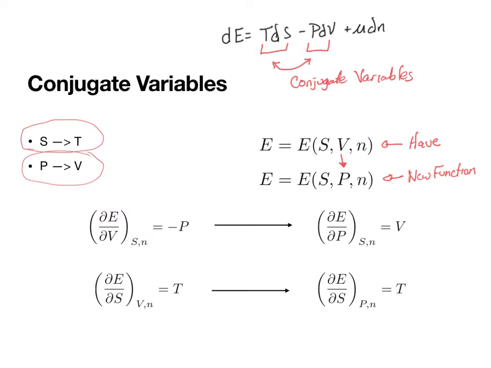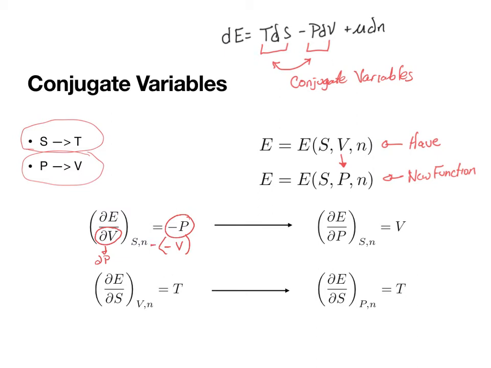And with the Laplace transform, it says that if we take the derivative of the energy with respect to V, holding S and N constant, it's going to be equal to negative P. Well, if we want to switch this for its conjugate variable, it means that this is also going to switch, and it's going to be the negative of its conjugate variable.